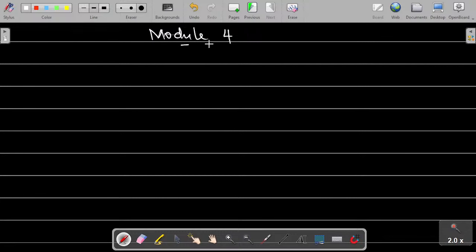Okay, let's see module 4. All right, so module 4 is going to be concentrating still on systems of equations, and then maybe matrices. So let me read the introduction.